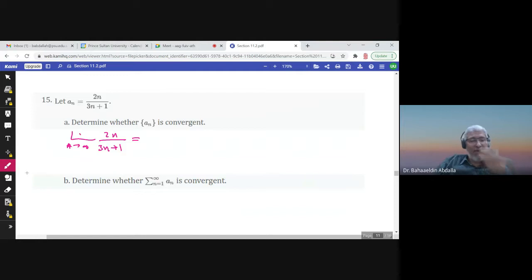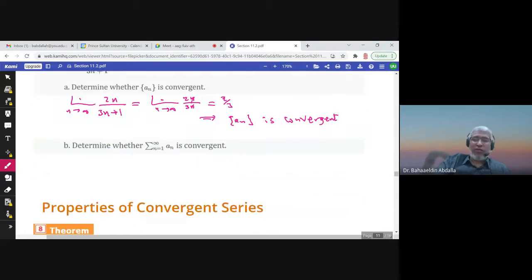If we find the limit here when n goes to infinity, it would be 2n over 3n, cancel n with n, so it would be 2 over 3. So yes, the sequence is convergent according to section 11.1, the definition of convergent sequences.